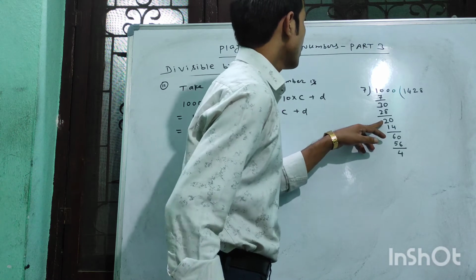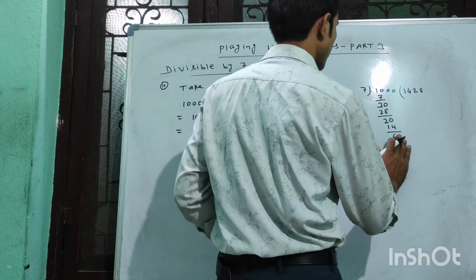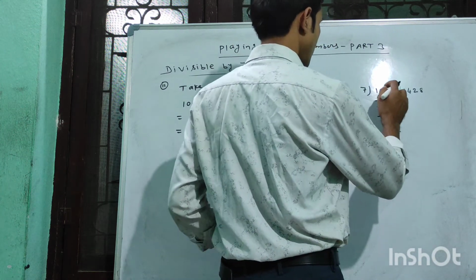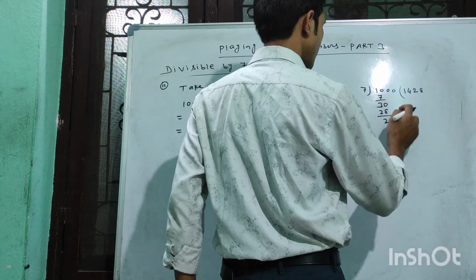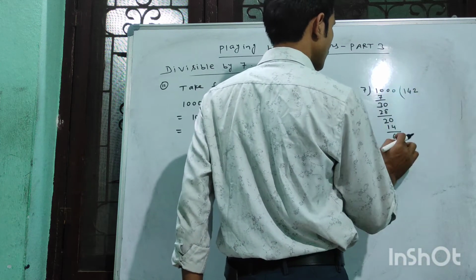So how much are you getting? So here you got 30, then next is 20, and you got 6.